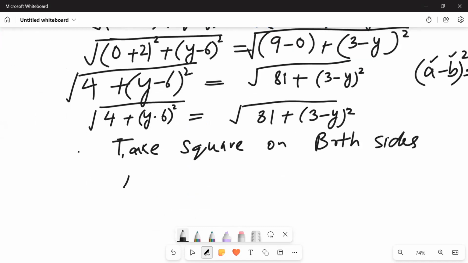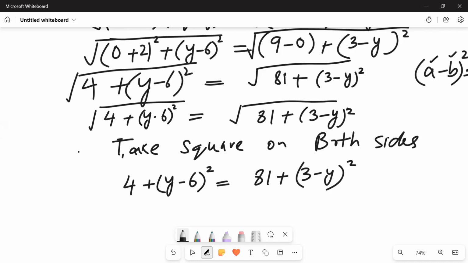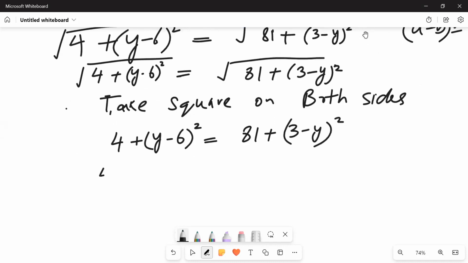So it will be (4 plus y minus 6) square is equal to 81 plus (3 minus y) square. Now we are applying here the identity, y square plus 6 square minus 2ab, where a is y and b is 6.